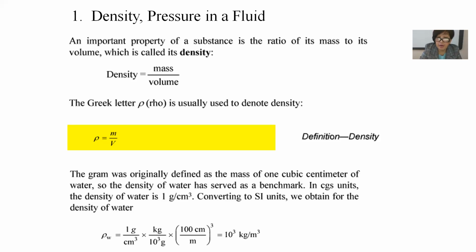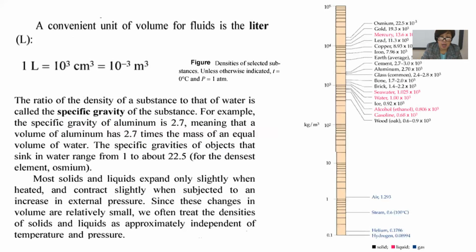For different chemical elements we use rho, with a different value for each element. This figure shows different chemical elements: solid, liquid, and gas.